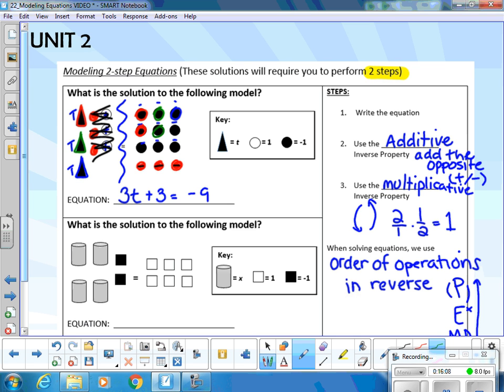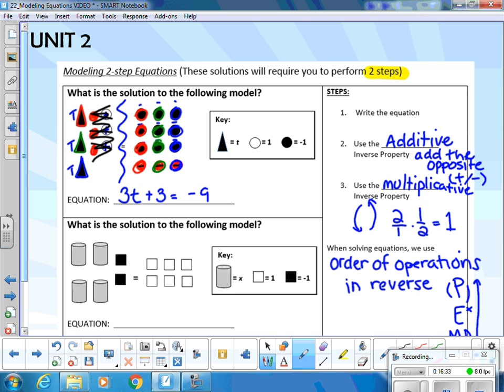You're going to the green group. You're going to the blue group. You're going to the red group. You're going to the green group. You're going to the blue group, green group, and of course the red group. So if we look at it, we ended up with the same amount.